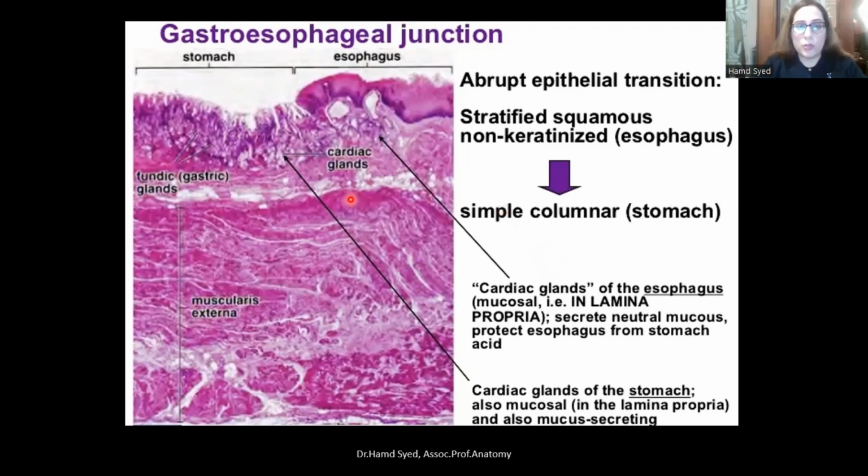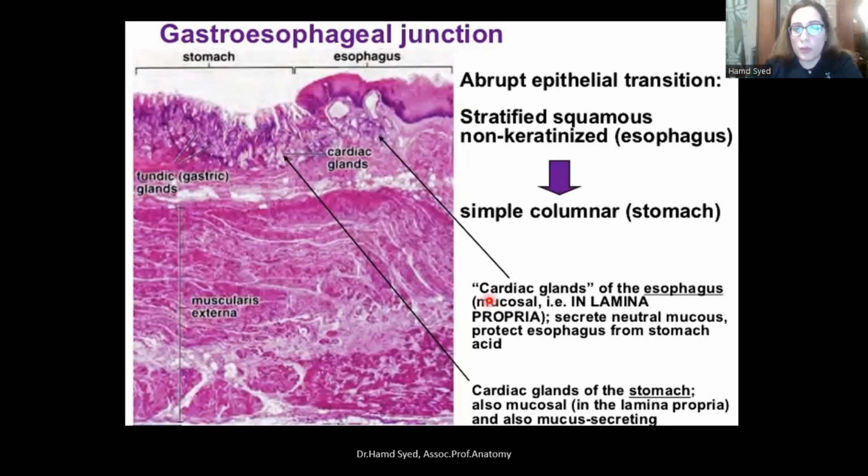And you can appreciate that over here, the epithelium has changed from the stratified squamous epithelium in the esophagus to the simple columnar epithelium within the stomach wall. So when we're looking at a histomicrograph of the gastroesophageal junction, we see this change in epithelium is abrupt. This is not a gradual change. This is an abrupt transition of the epithelium. So the stratified squamous non-keratinized epithelium becomes simple columnar.